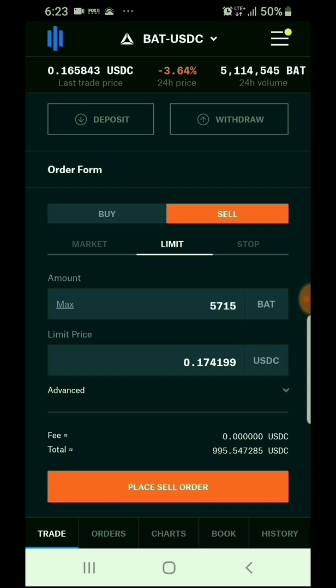Right now, the current price that I'm looking to sell it for is 0.174199, and the fee is zero. There'll be zero fee, and the total that I actually have with this particular trade will be $995.54, or 55 cents when you round to the nearest two decimals.